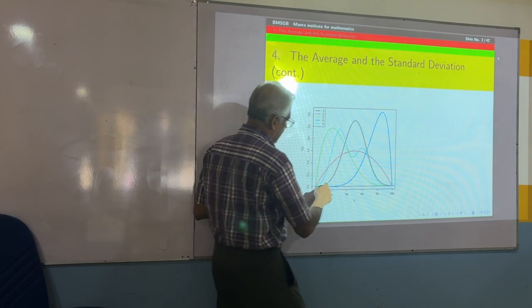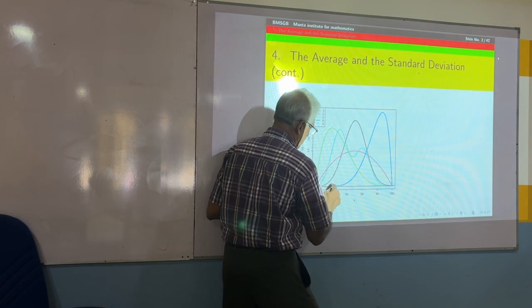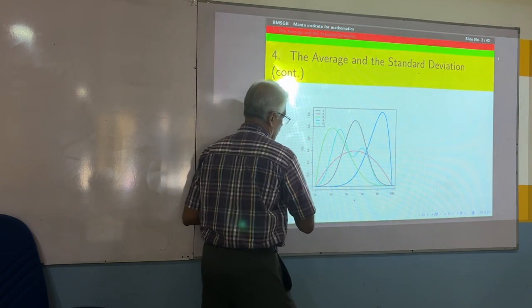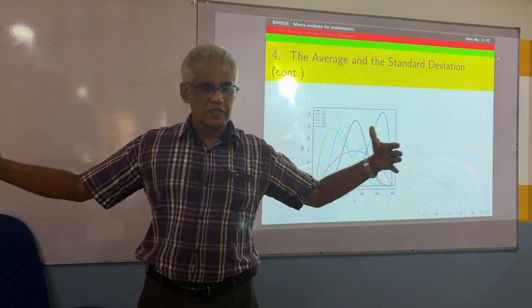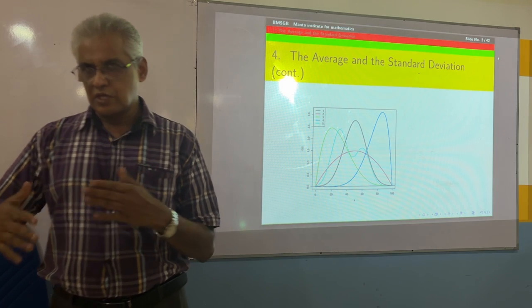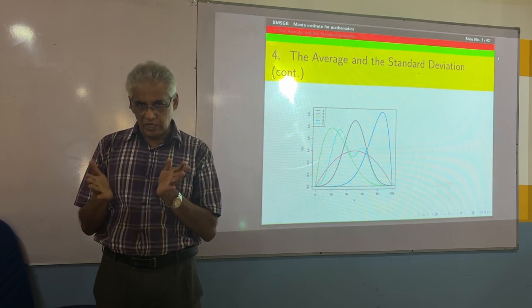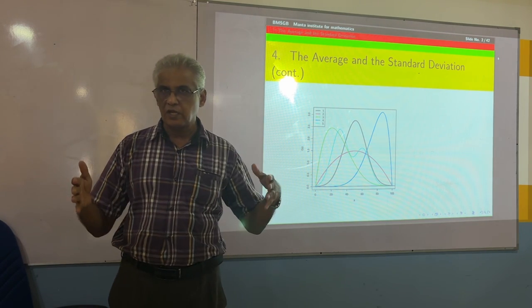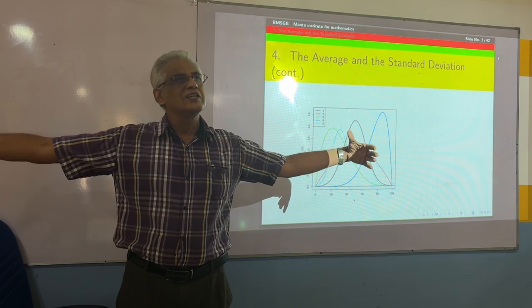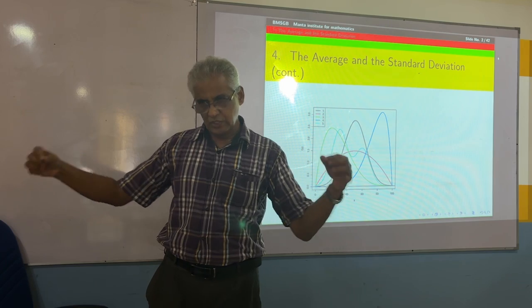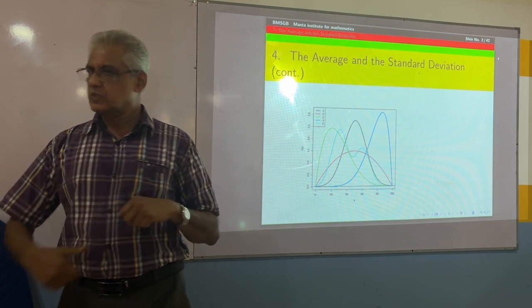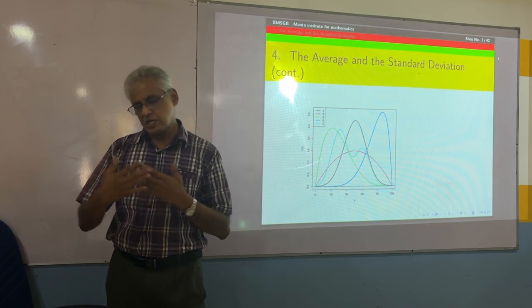You can have this kind of shape, or this kind of shape, or this kind of shape, with the same symmetry. So in addition to the location or the center, you have to tell how wide the distribution is. Those two things will give you some idea about the shape of the distribution, especially if it is symmetric.